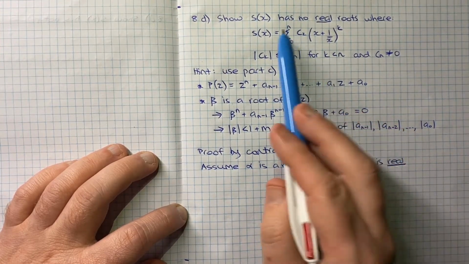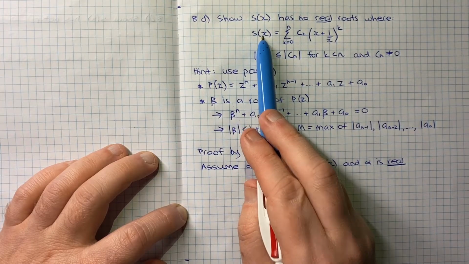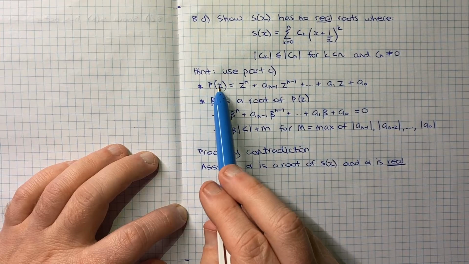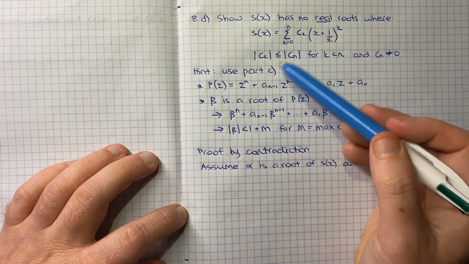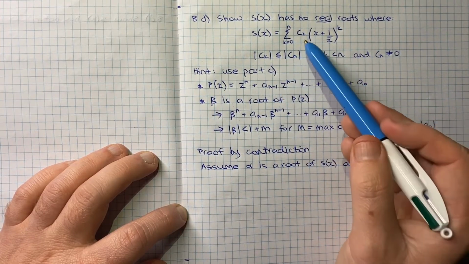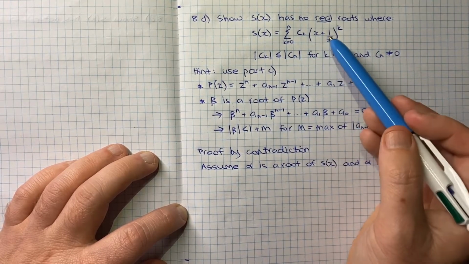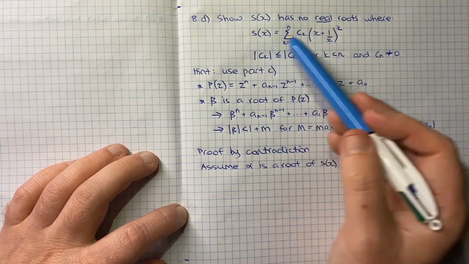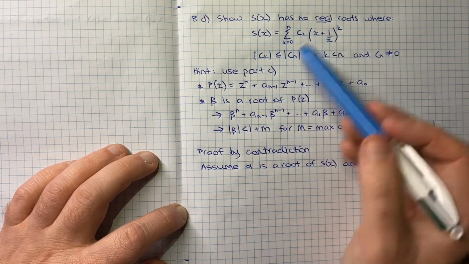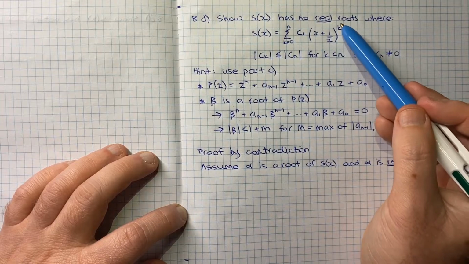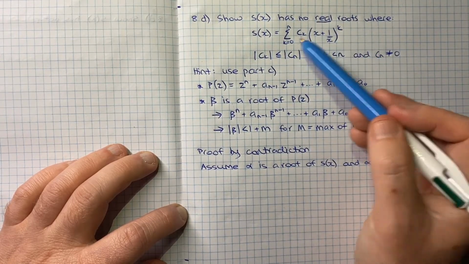Now from there, the strategy that we can take in carrying out this proof is to try and link up this function S(x) with P(z) that we were looking at in part C. And you can see that with a few little transformations we can get there, because fundamentally the function S(x) is the sum of a bunch of things, just like P(z). And it's got a power that's going up from 0 to n.